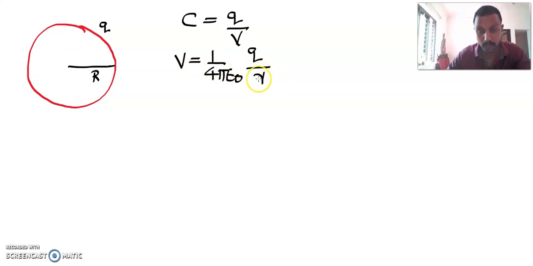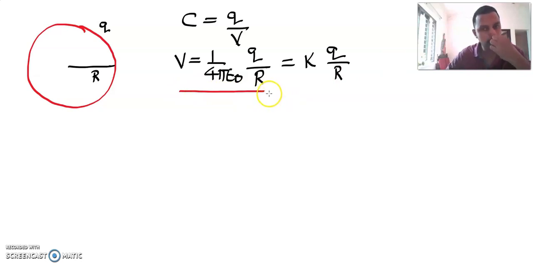If it is on the surface, instead of small r, we will have to write capital R. Or you might have learned it like this, K into Q by R. I am not sure in which expression you have learned. For our derivation purpose, we require this previous knowledge, that is, the potential on the surface of a charged spherical shell is 1 by 4 pi epsilon 0 Q by R.